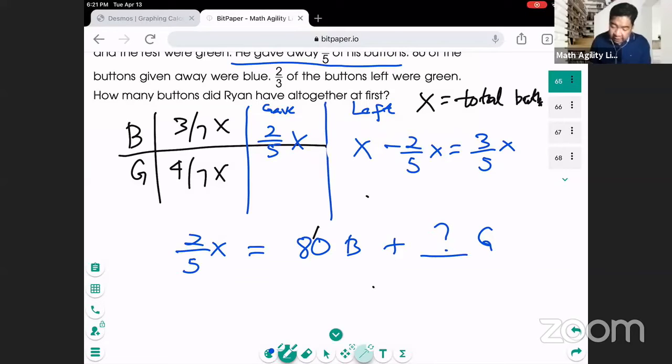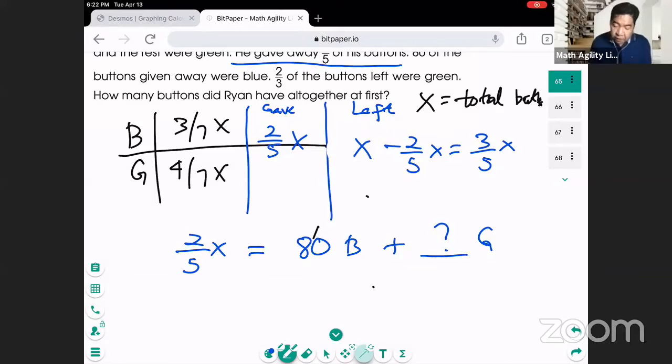In this case, it's not given in an absolute number like the blue buttons, which is 80. So what we can do is represent the green ones as a fraction of the variable x.